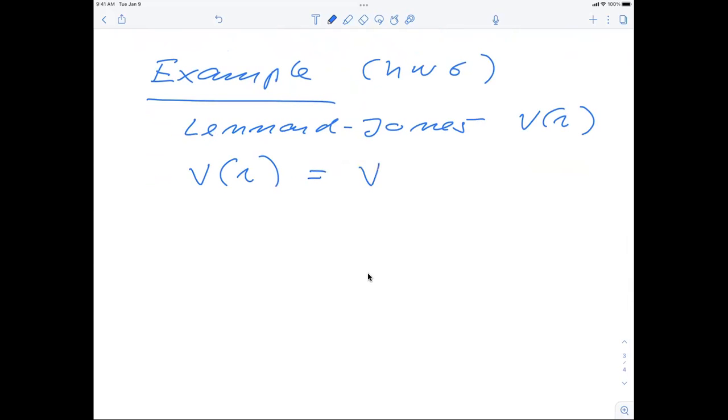This runs like a constant V0, and then it has a term with one constant and R to the power of 12. This is a potential which has been fitted to reproduce the interactions between argon atoms. But you can also use it for other types of systems in atomic and molecular physics.